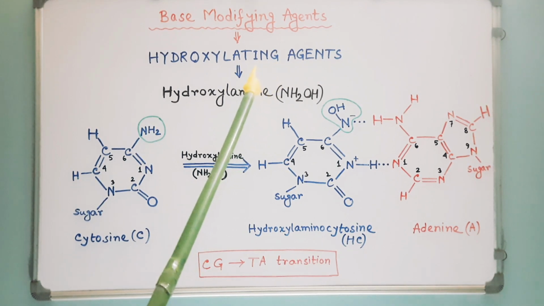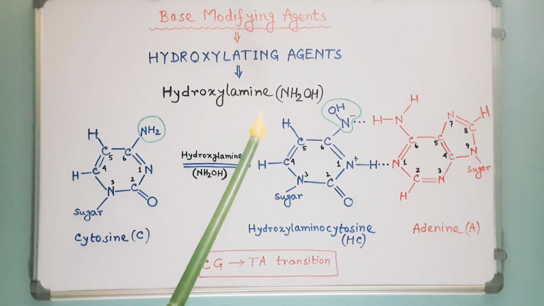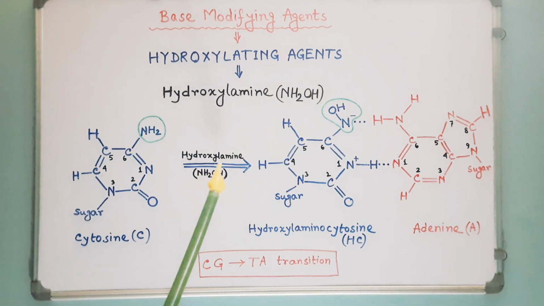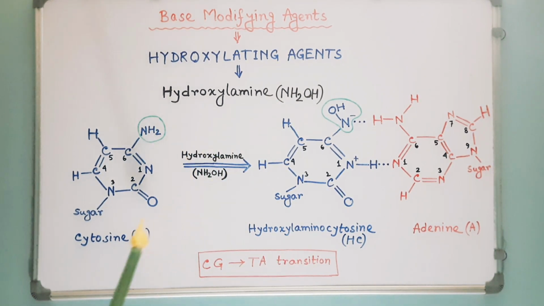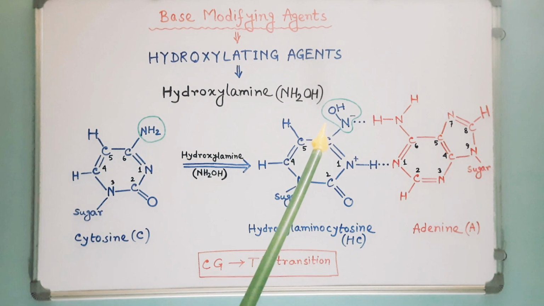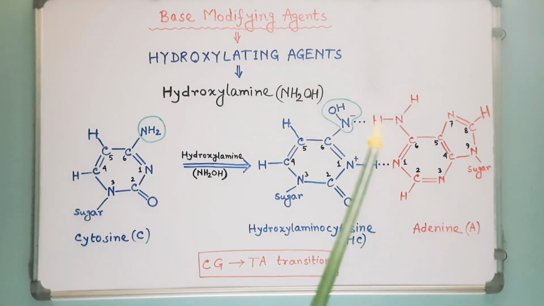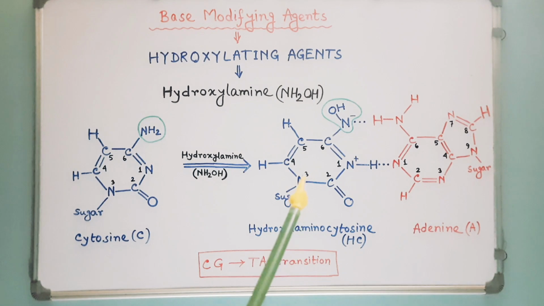Hydroxylating agent. Hydroxylamine or NH2OH is a hydroxylating mutagen that reacts specifically with cytosine. It adds a hydroxyl group so that cytosine pairs with adenine instead of guanine. Mutations induced by hydroxylamine can only be CG to TA transitions.